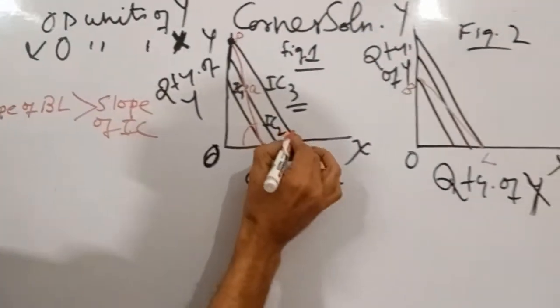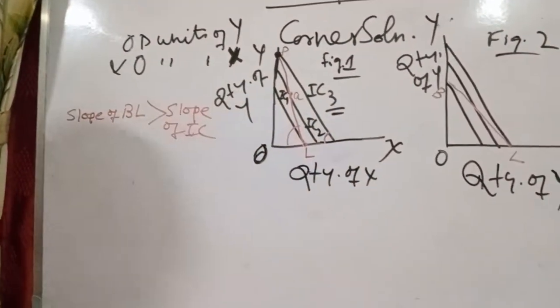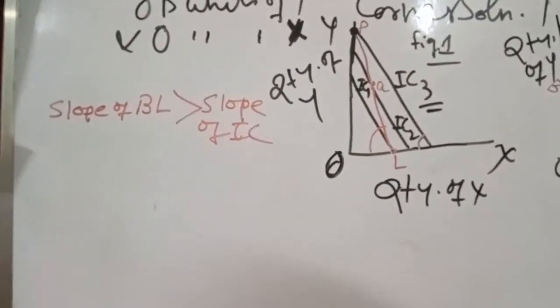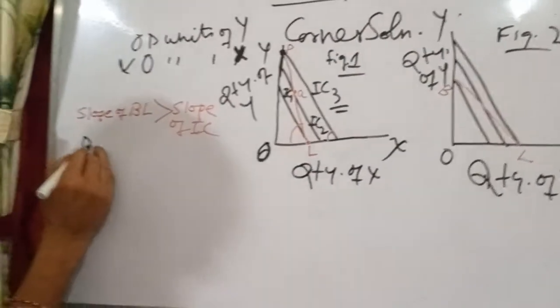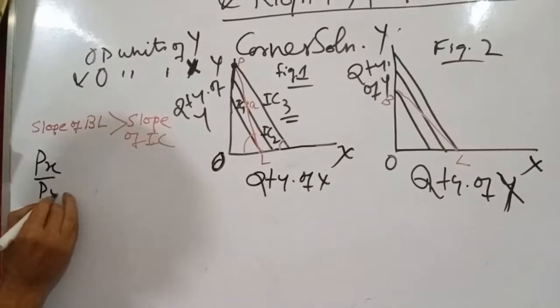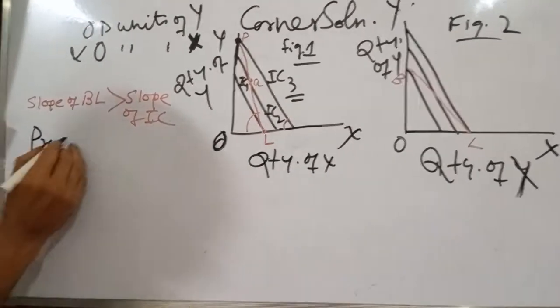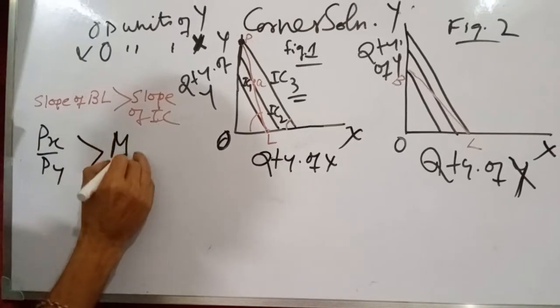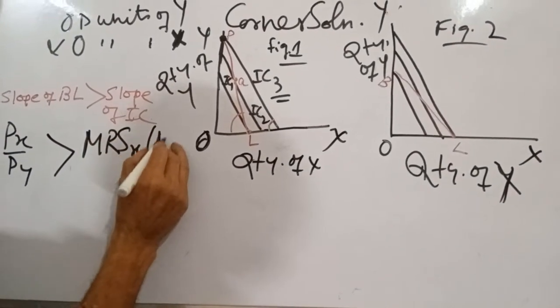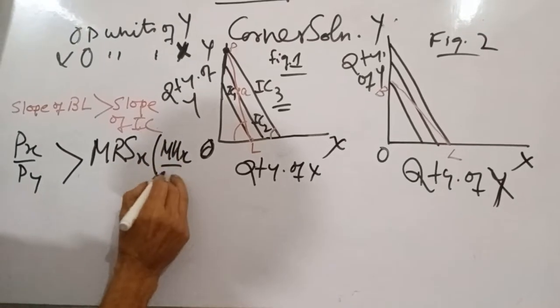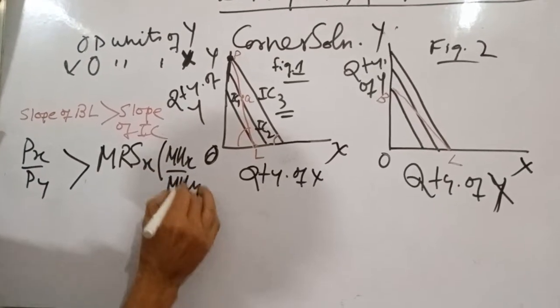And this is the slope of IC3. Now what is the slope of the budget line? This is Px by Py. So Px by Py is more than MRS XY, that is MUX by MUY.